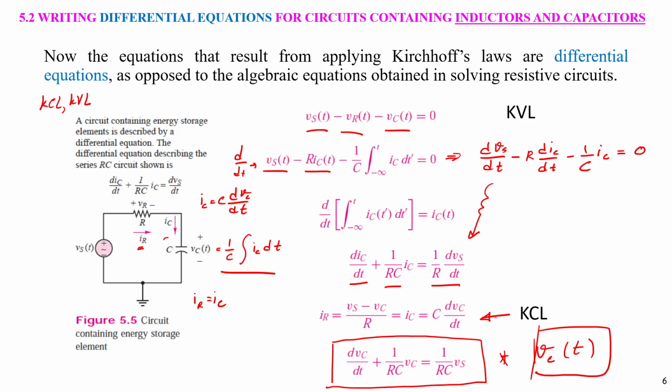Or we can use this equation as well. We can form the equation in terms of IC, and if we solve this circuit, we get IC as a function of t also.